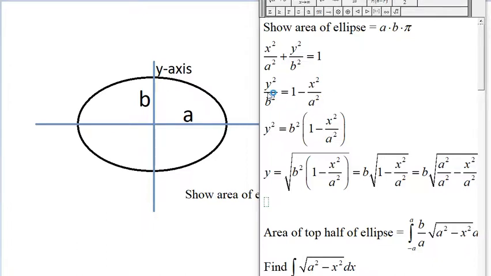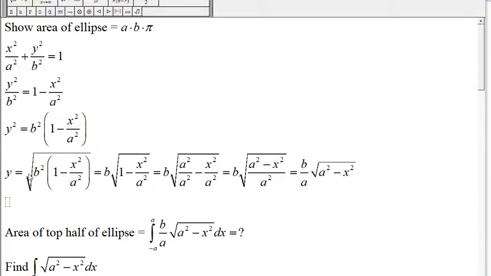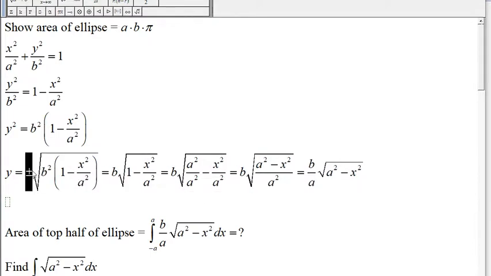Now take the square root of both sides, and we will end up with a plus or minus right here.